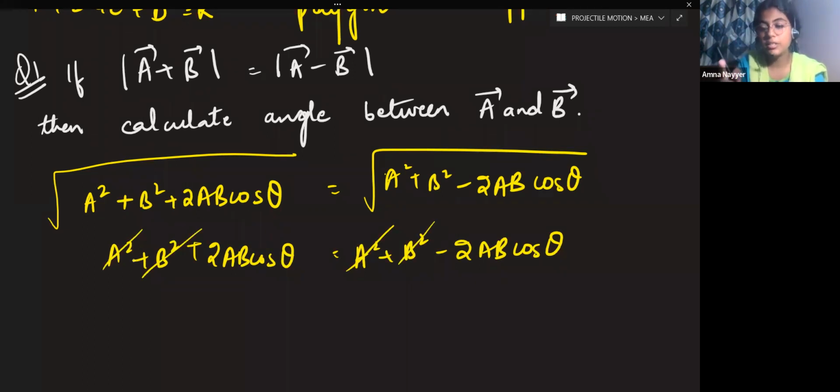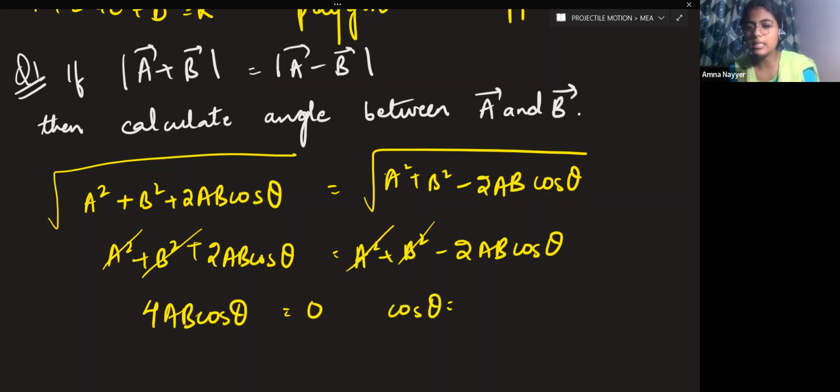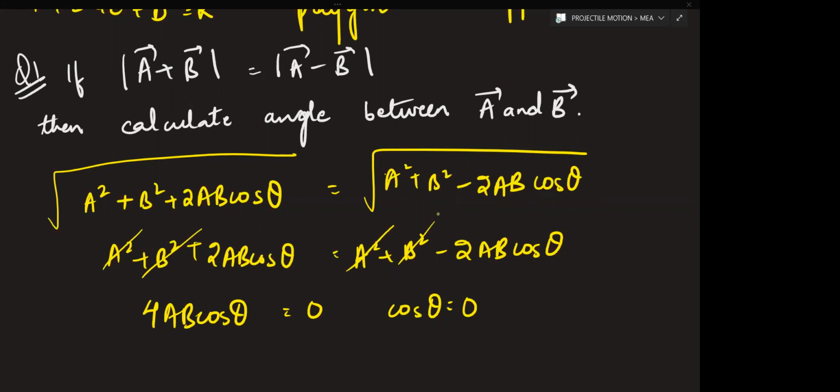Now just bring this 2AB cos theta over here. This becomes 4AB cos theta equal to 0. It means cos theta is equal to 0. At what angle is your cos theta 0? What's the value of theta for which you get cos theta as 0? 90, exactly.